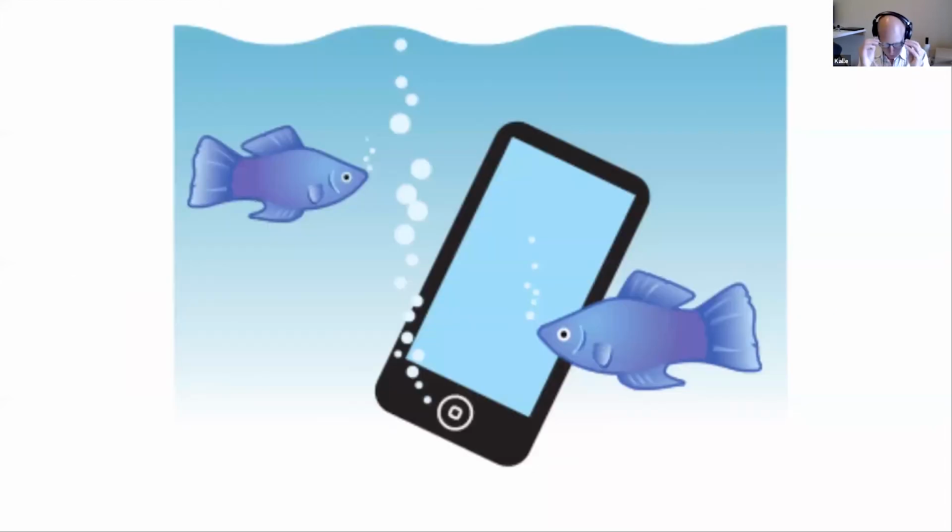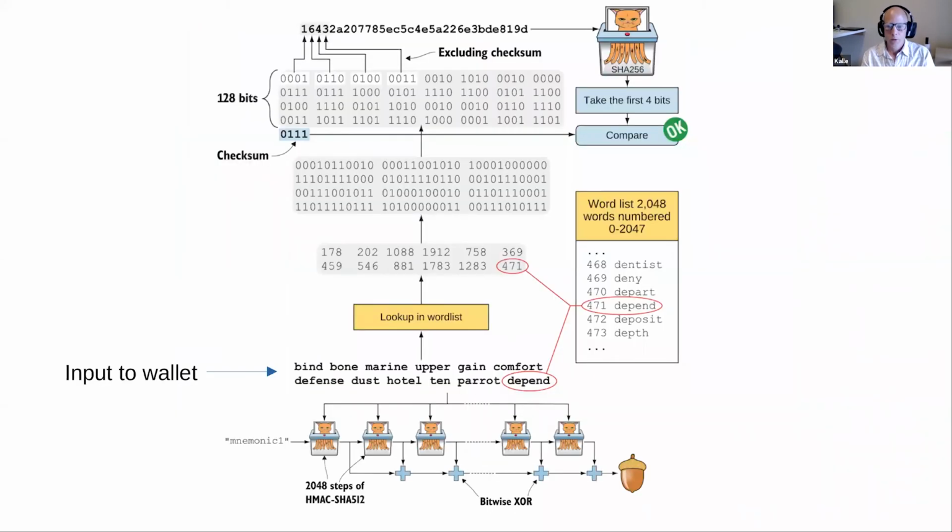Okay, now suppose that the horrible thing happens, that you drop your phone in the ocean. What do you do? You would probably get your hands on another phone. Maybe you buy a new one, or you use an old phone.